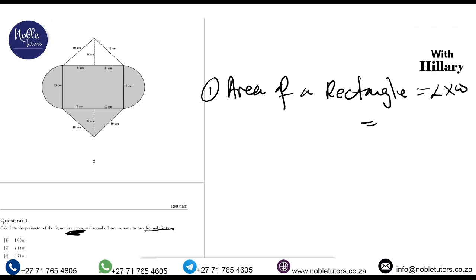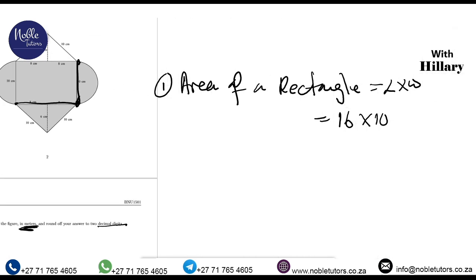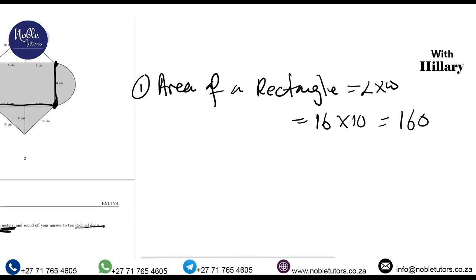Hence, the length is from this side to this side, which is 8 plus 8, which is 16. So 16 times width is 10. From here to here is 10. Hence, it gives us 160 square centimeters.